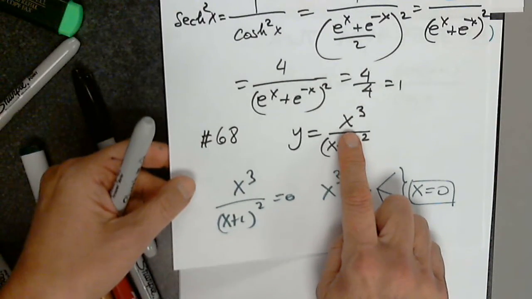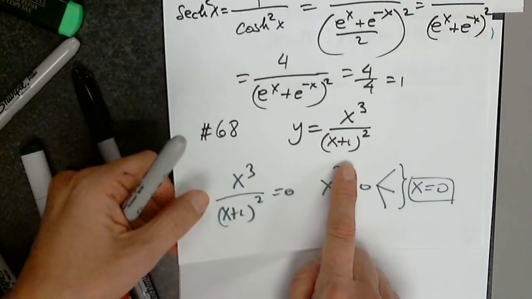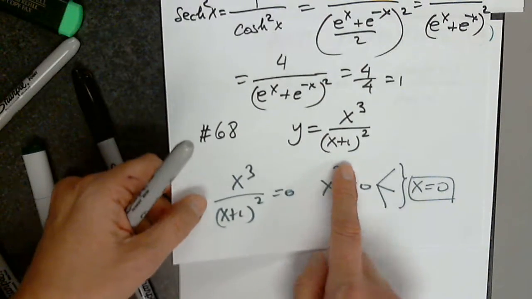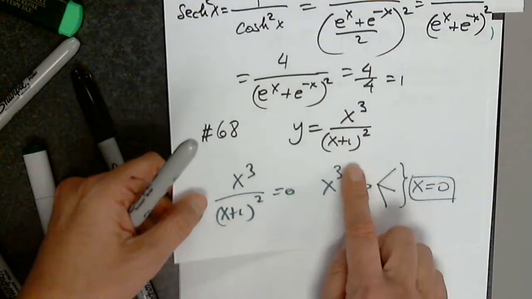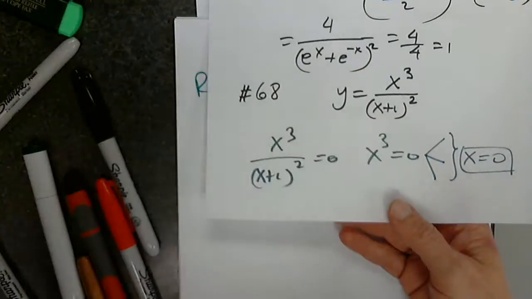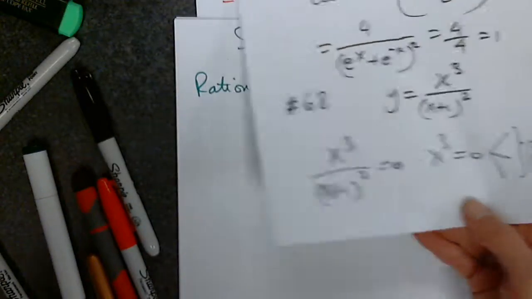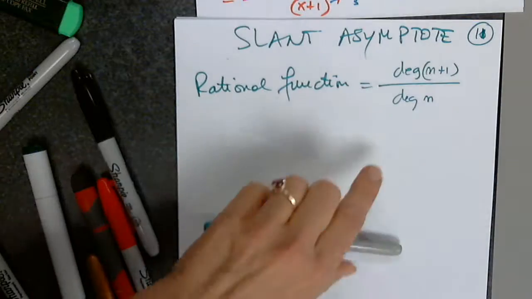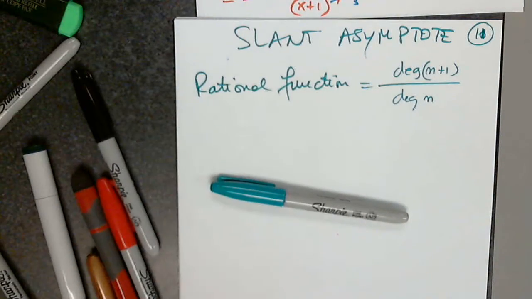What is the degree of the bottom? 2. So degree of the top is 3, the degree of the bottom is 2. The degree of the top is by 1 unit larger than the degree of the bottom. This is the requirement for a slant asymptote. Because when I divide degree 3 by degree 2, what degree will I get? A line, which is degree 1.